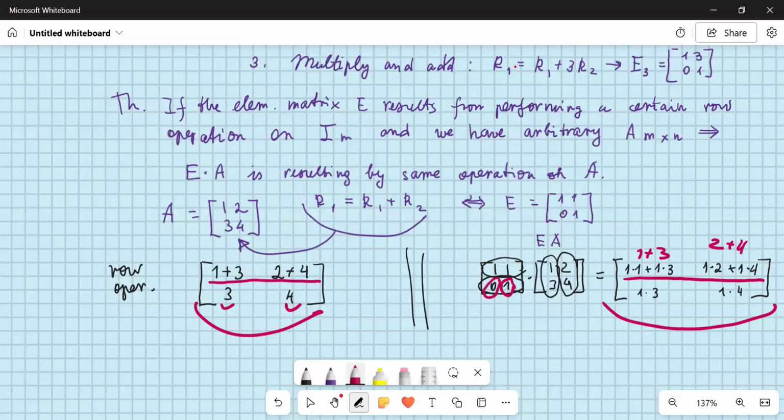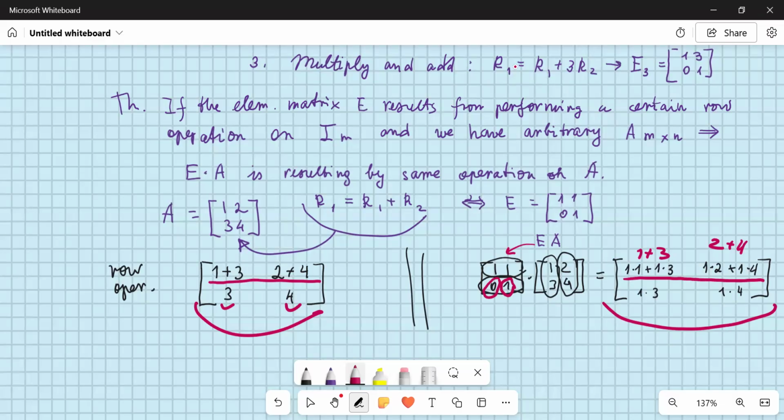Why does it happen? Because in my first row of the elementary matrix, I have two ones. Why do I have two ones? The first one is just the original one from the identity, right? And the second one is actually the operation we did, that addition of the second row.